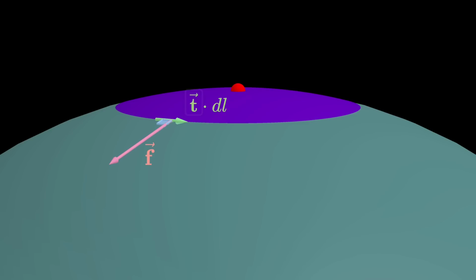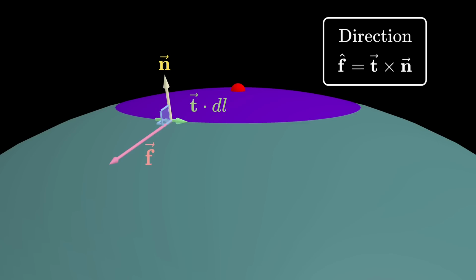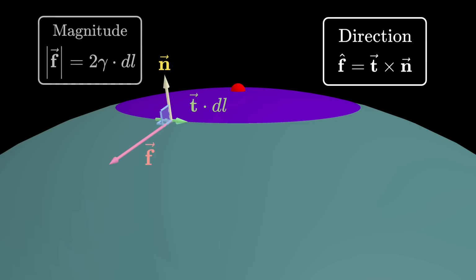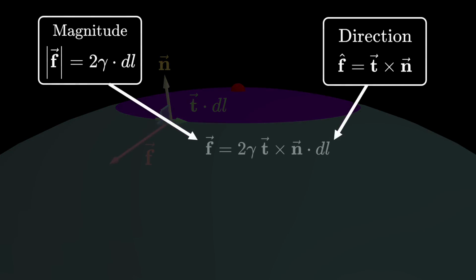So t is a unit vector that just encodes the direction. So f is perpendicular to both t and n. And because t and n are also perpendicular to each other, the direction is given by the cross product of t and n. Combined with the magnitude we found previously, we see that the force vector, f, is 2 gamma times t cross n dl.